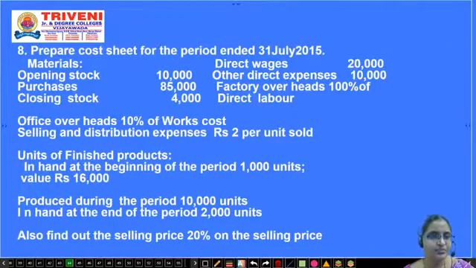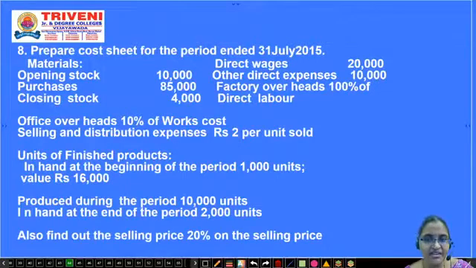So opening stock plus purchases minus closing stock, you got the material consumed. After that, direct wages 20,000, other direct expenses 10,000. Now to the material consumed, you add the direct wages and other direct expenses. Now you got the prime cost.